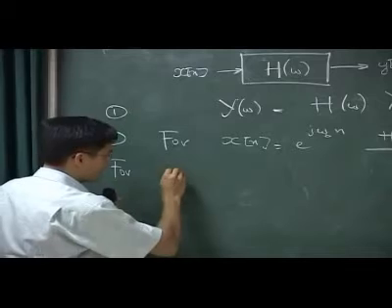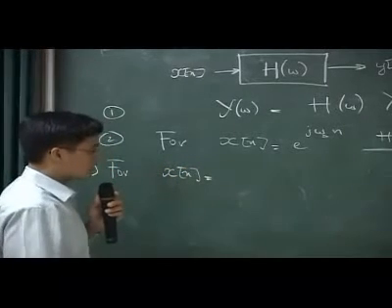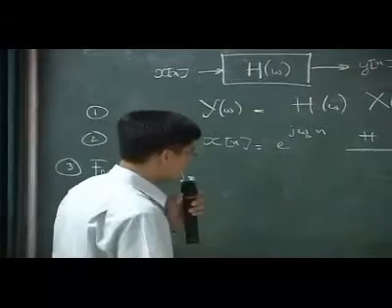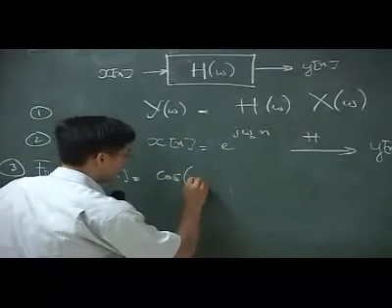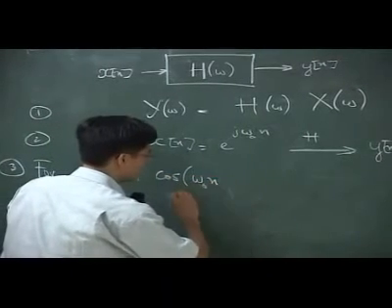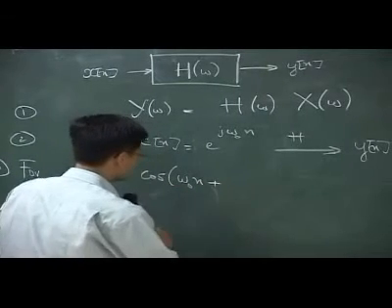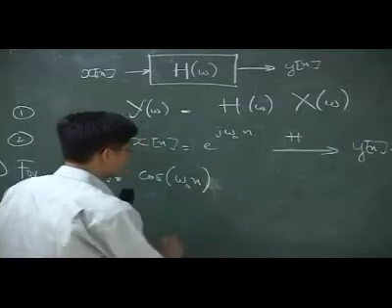Now let's say I'm going to look at the signal x[n] equal to something we're more familiar with, namely the signal cos(ω₀n).